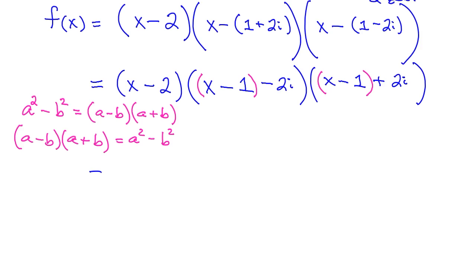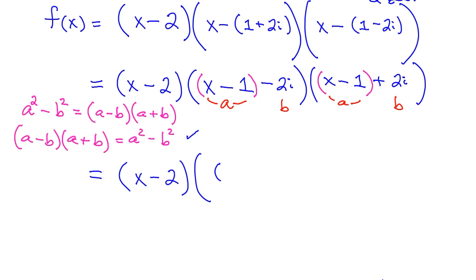And so what that gives me for this problem is x minus 2 times, and now the a is the x minus 1, and the b is simply the 2i part. So using the difference of two squares, this simplifies to x minus 1 squared minus 2i squared.